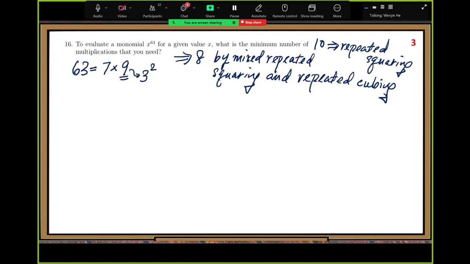So let's try repeated cubing. The first round, let's do repeated squaring first. We calculate x squared, x to the 4th.